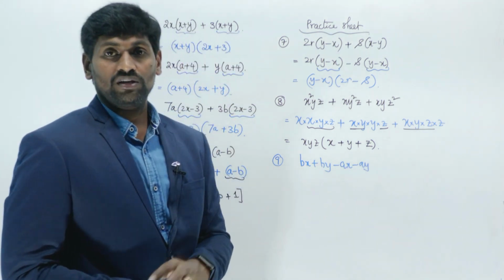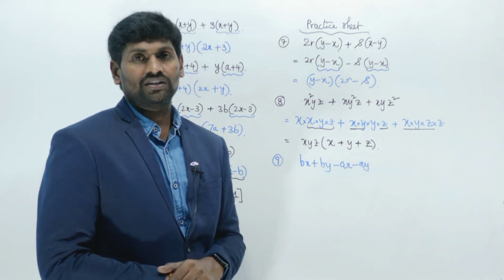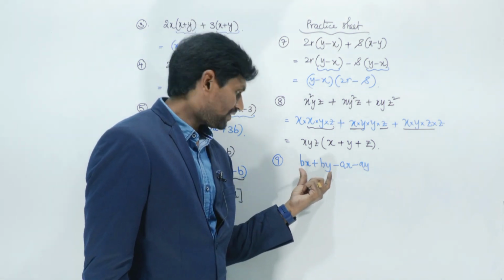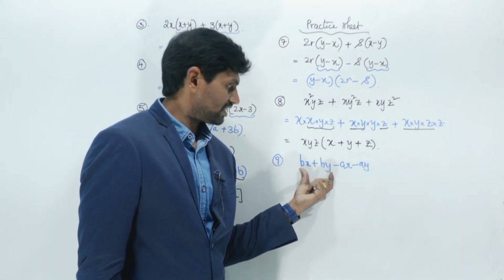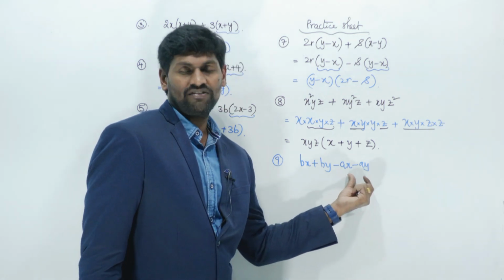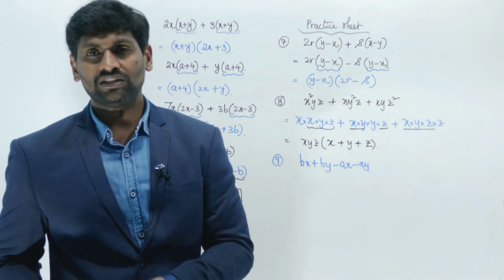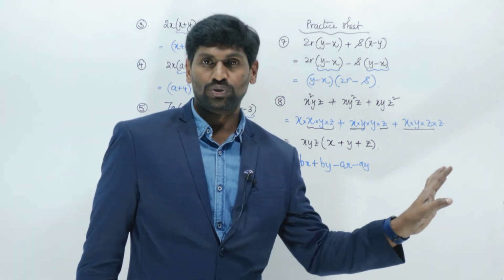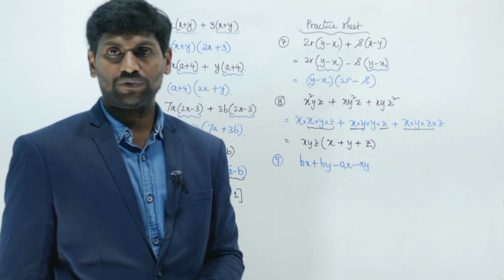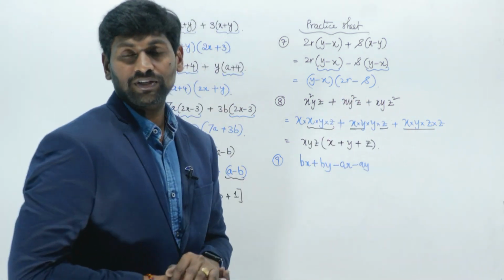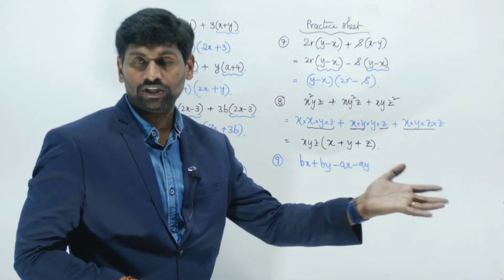If 4 terms are given, just observe the first terms, b and x. In the first 2 terms we can see b as the common factor, but in the second 2 terms we can see a as the common factor. So in this type, we cannot take a common factor from all the 4 terms together, because there is no common factor from all the 4 terms here.